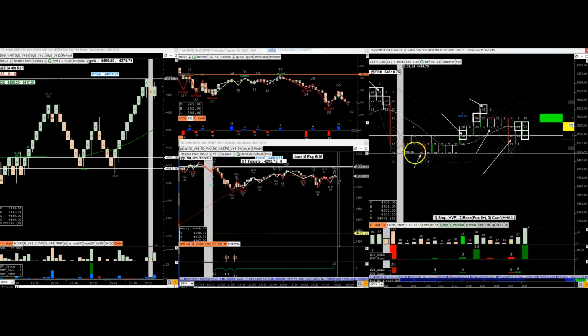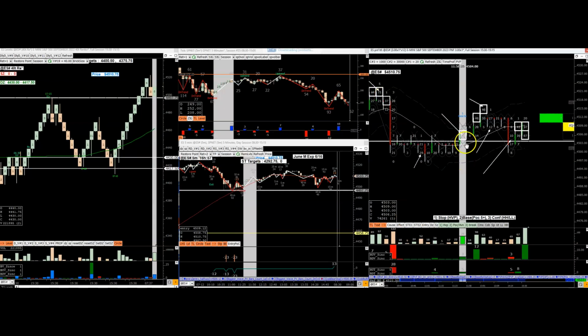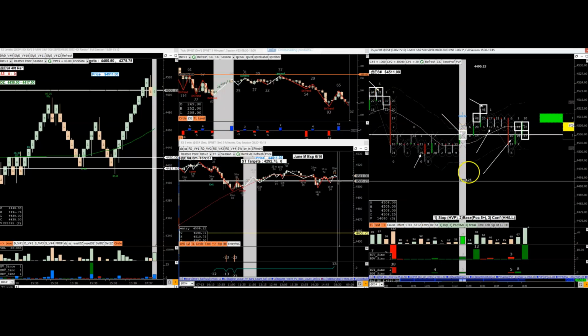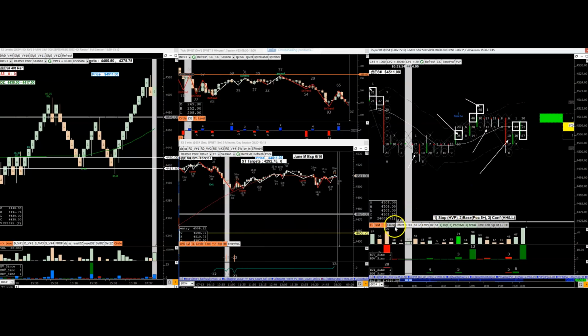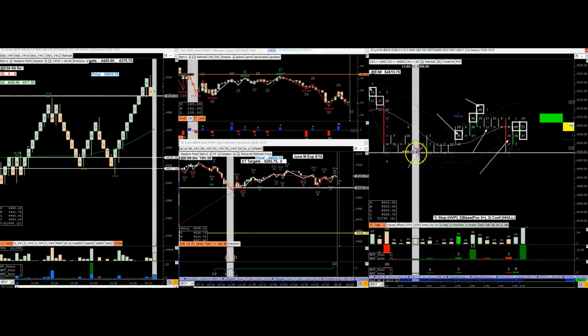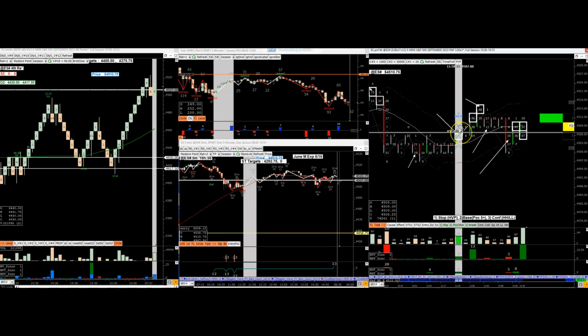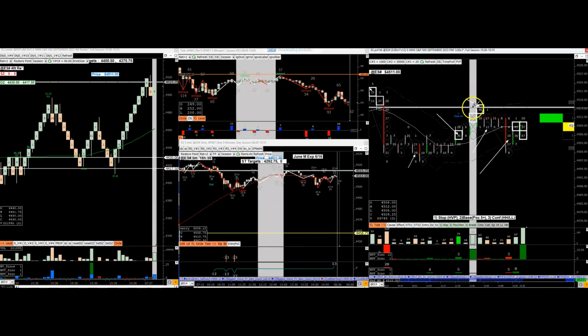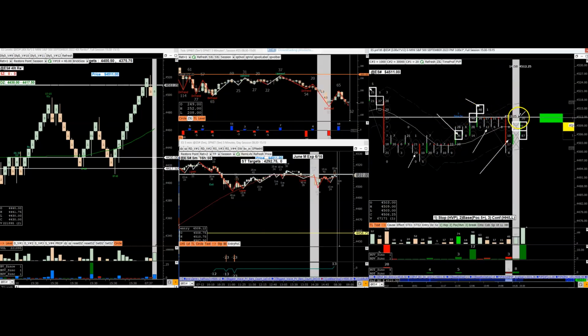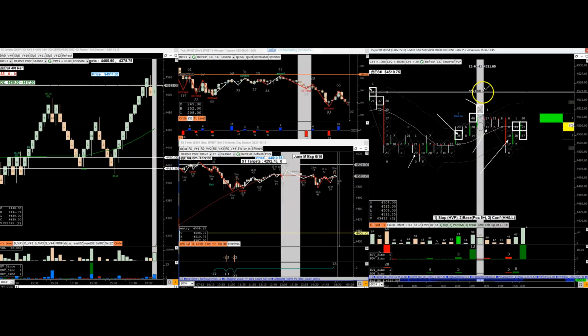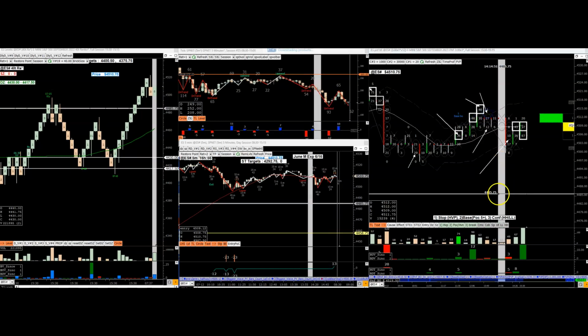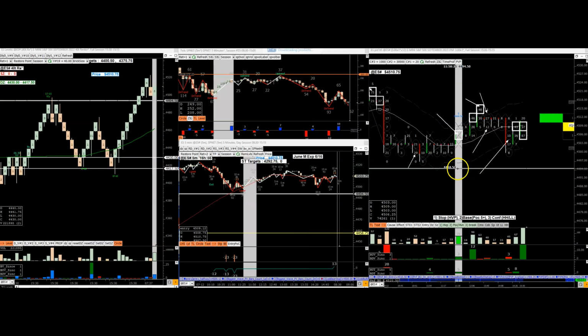That ended the move right there, and that started the move. Ended the move, started the move. Ended the move. I guess this one started it. It's not that high, but whatever.